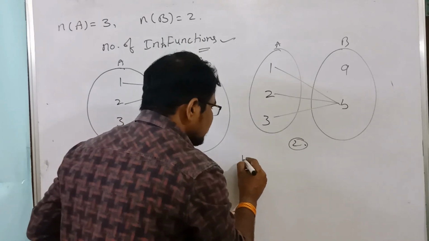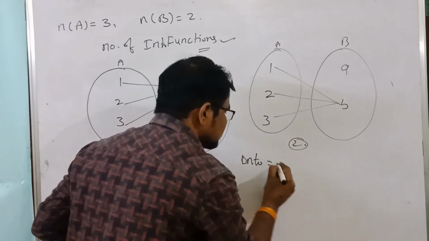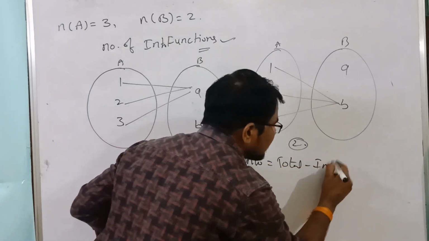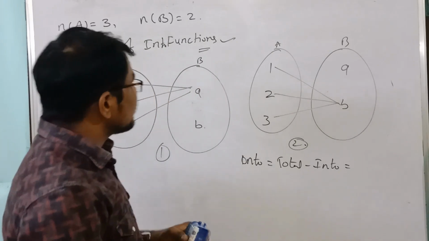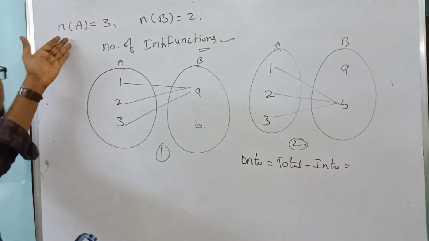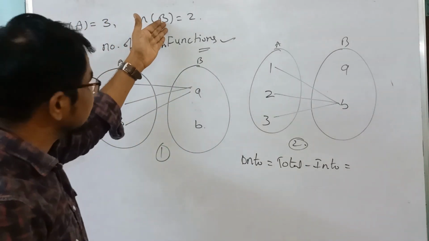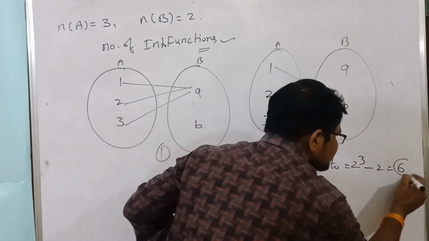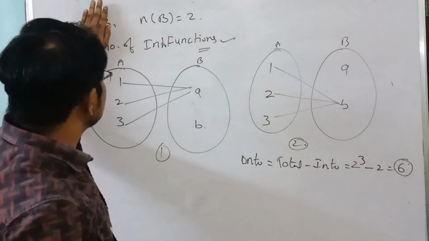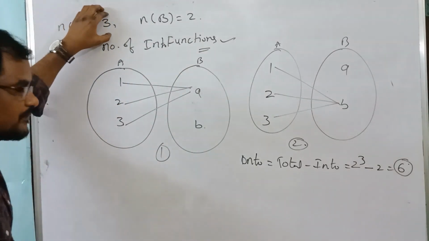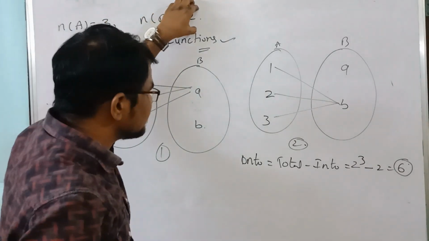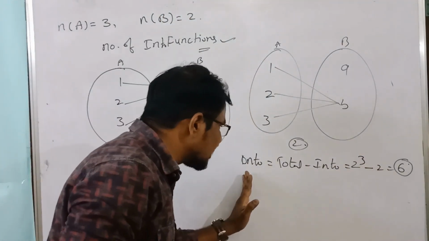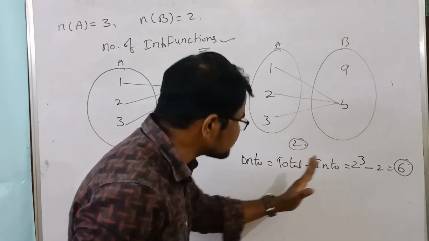So the number of onto functions equals the total number of functions minus the into functions. The total number of functions with A containing 3 elements and B containing 2 elements is 2^3 = 8, and the into functions are 2, so onto functions are 8 − 2 = 6. In general, the number of onto functions equals the total number of functions, n(B)^n(A), minus the into functions.